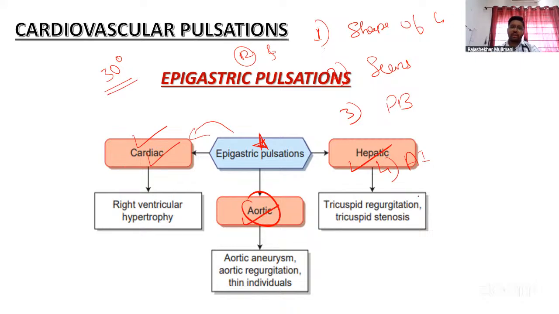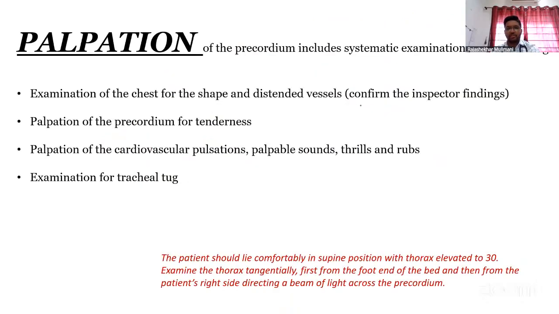If it is seen, where it is seen, and are there any other pulsations? So the main areas that you are going to look at are the aortic area and pulmonary area, then the suprasternal area, the sternoclavicular joint areas, the left parasternal area, and epigastric pulsations. So this is what you are going to comment on during the inspection of the cardiovascular system.